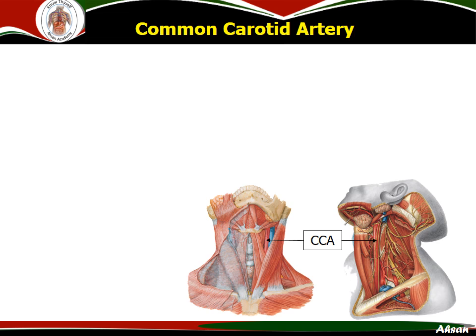Here, the common carotid artery is labeled. On the left figure, it is normally hidden under the sternocleidomastoid, but the sternocleidomastoid muscle and other muscles are cleanly dissected to show the total course of the common carotid artery.